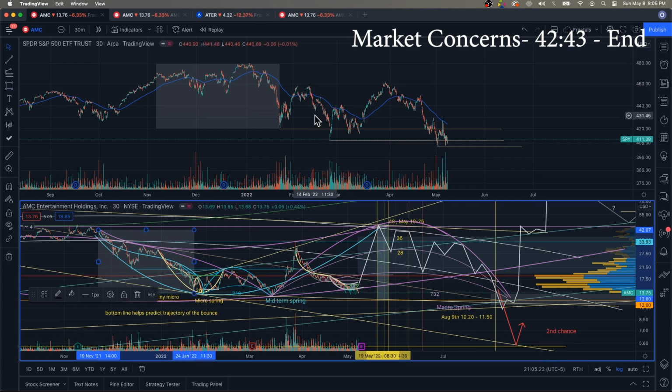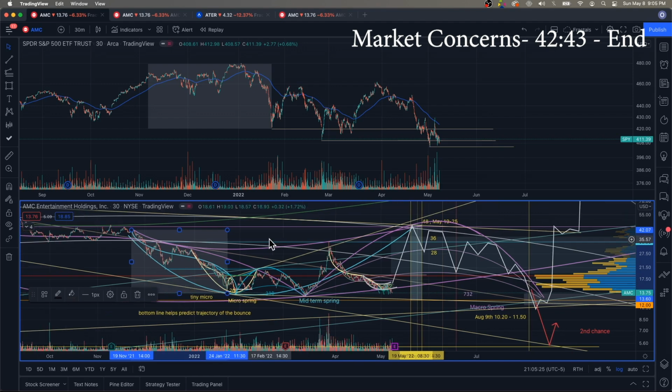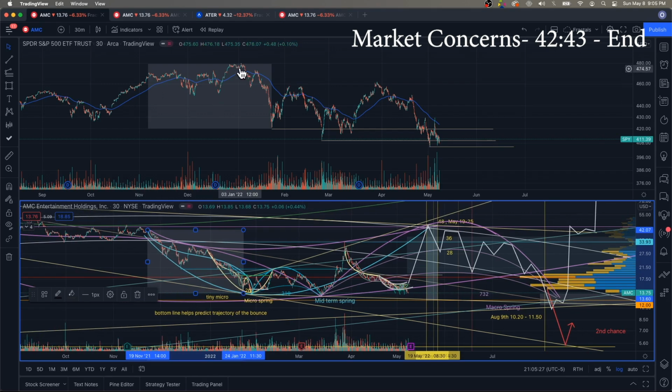Now, these two regions have some things in common, but clearly SPY peaked later. SPY did not peak until December 31st, which is when we started to sort of tank. So if you look at the patterning here, we really didn't fall completely in line with SPY until right around the new year. And then we started going down hard.